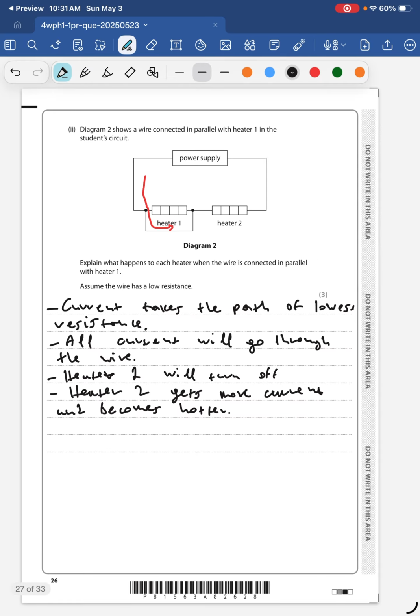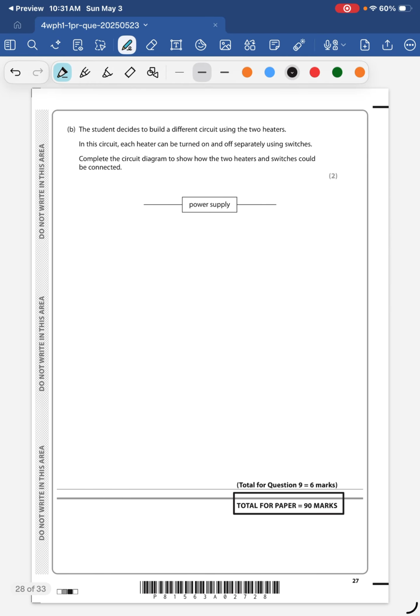Okay. And finally, part B, the student decides to build a different circuit using the two heaters. In this circuit, each heater can be turned on and off separately using switches. Complete the circuit diagram to show how the two heaters and switches could be connected.